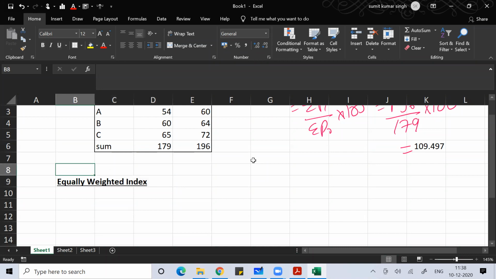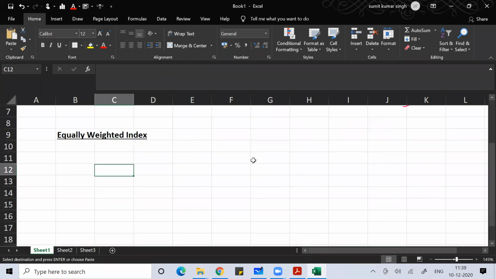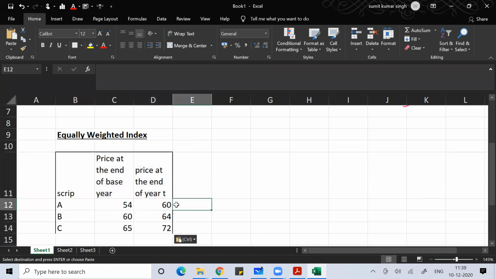So when we talk about equally weighted index, now we'll talk about the equally weighted index. In case of equally weighted index, we give equal weightage to all the stocks in the portfolio.